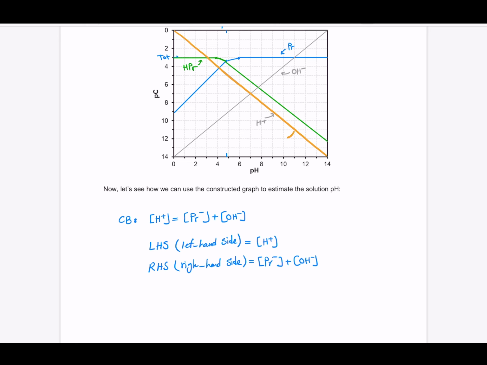So this would be also the left-hand side. But now the question is, how do we construct right-hand side, which is basically PR minus and OH minus, the combination of two, when we have only PR line and OH minus line?